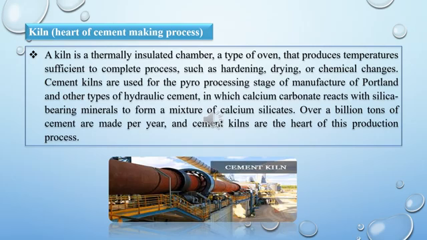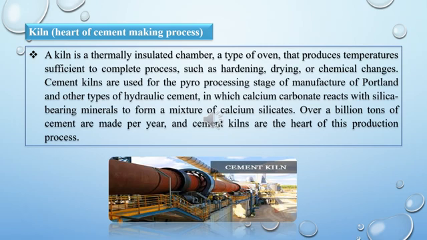So students, in this we have discussed just 3 points. First, a kiln is a thermally insulated chamber like an oven. Second, it produces heat which is necessary for different processes like hardening, drying, and chemical changes.